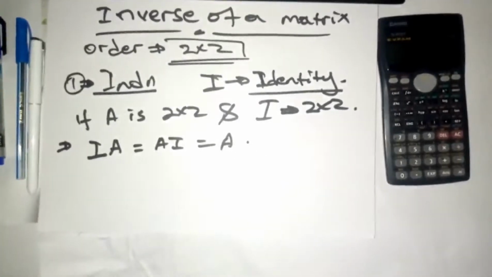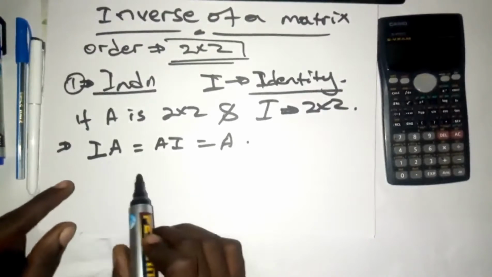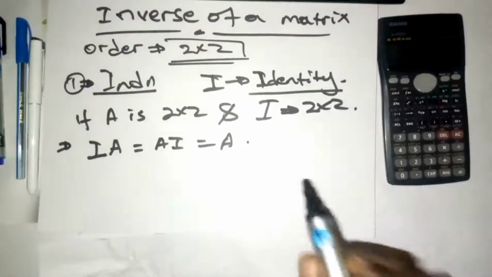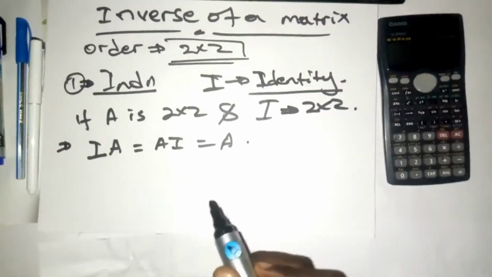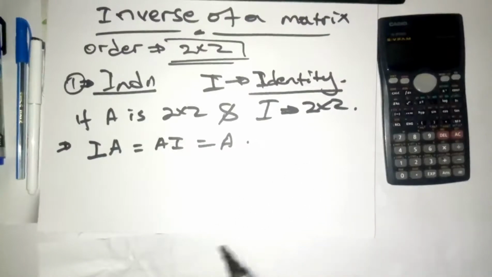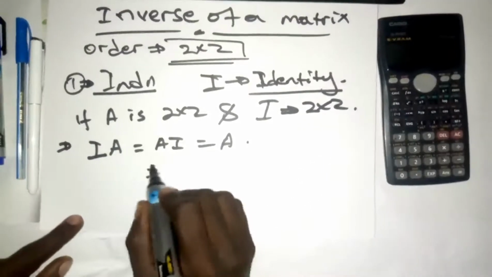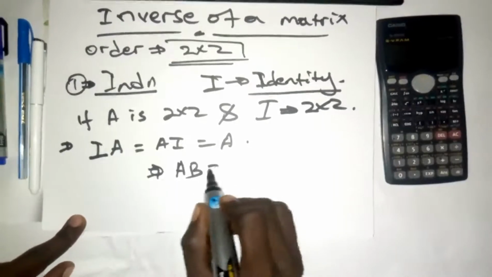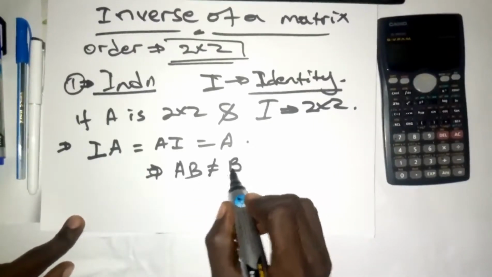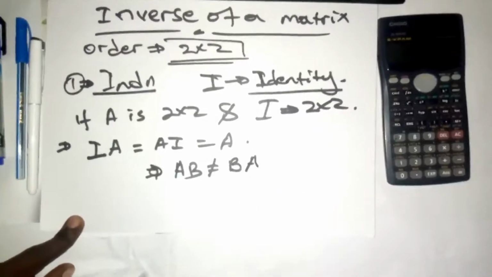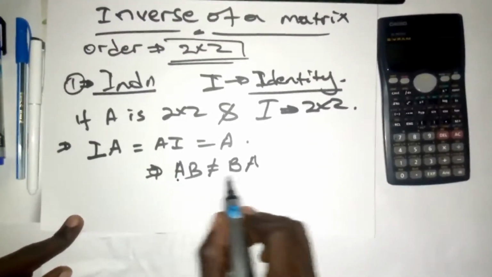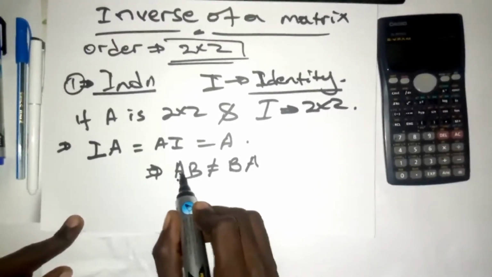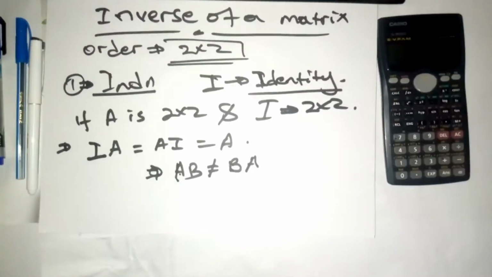Remember, I told you that for matrices, A multiplied by any other matrix cannot be the same as that matrix multiplied by A. If I have a matrix A and I multiply it by matrix B, this is not the same as matrix B multiplied by matrix A. It is only true when either of these matrices is an identity matrix.